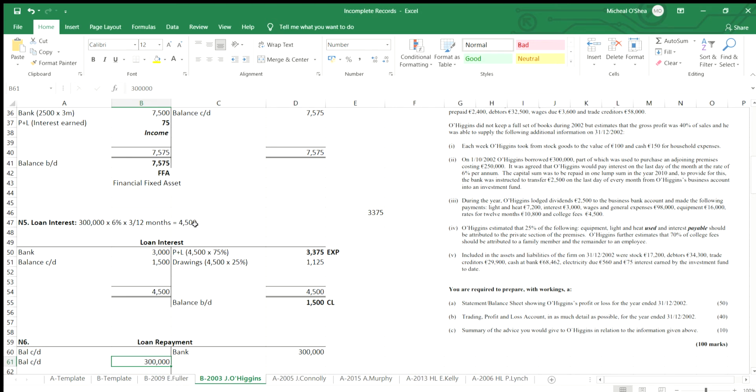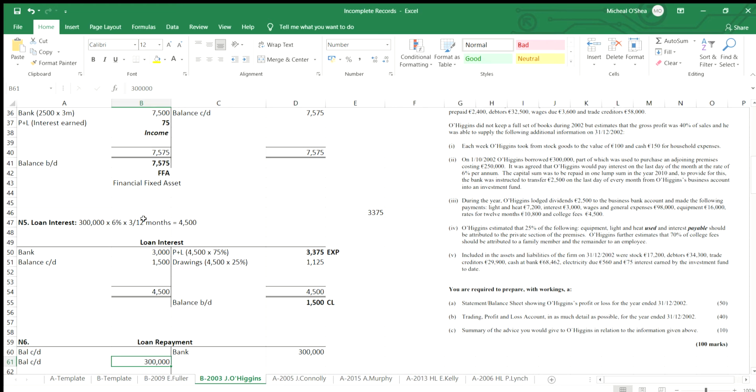So this 4,500 is again my interest payable for the year, which we worked out already, and we have to look at this and say, well, 25% of this is going to drawings, so that is 4,500 by 25%, 1,125. The other 75% is my expense. So my 4,500 by 75% gives me 3,375. So that's my expense for loan interest for the year. That's the amount that I owe.